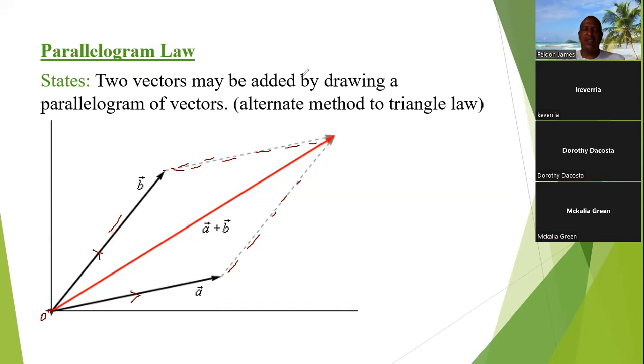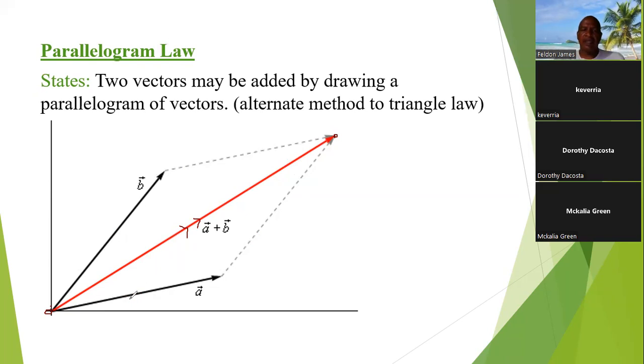Now, once we have completed and drawn the parallelogram, the resultant vector would be the middle line that starts at the same place where the other two vectors start and ends at the point where the two dotted lines meet.